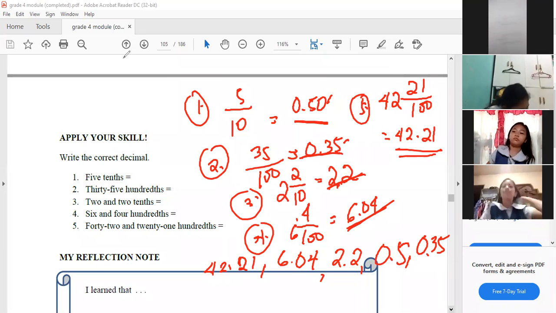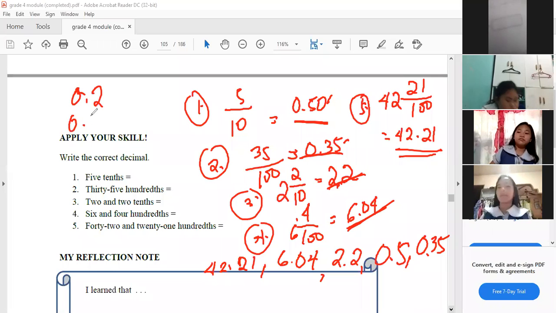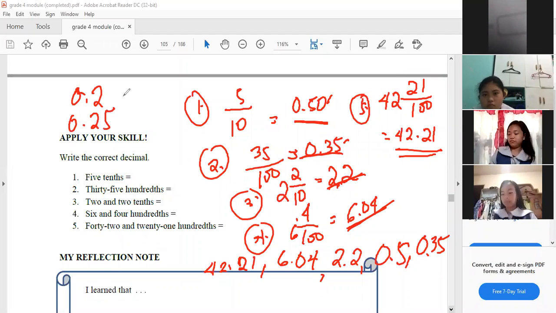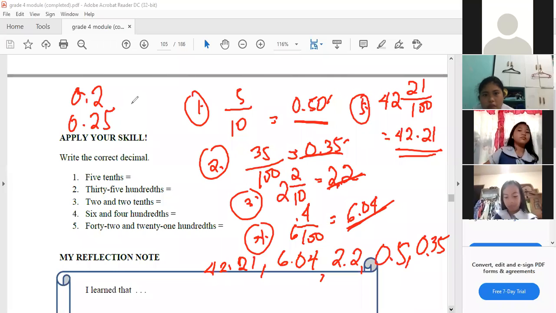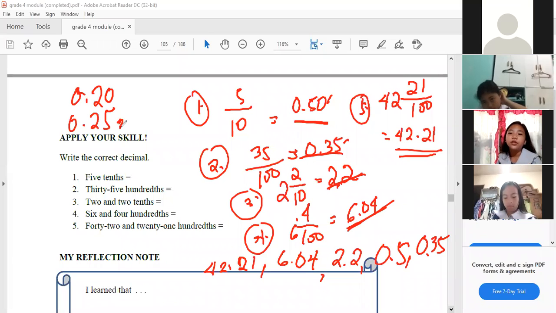For example, we have 0.2 and 0.25. Which is bigger? Take note, add 0. So which is bigger? 0.25.